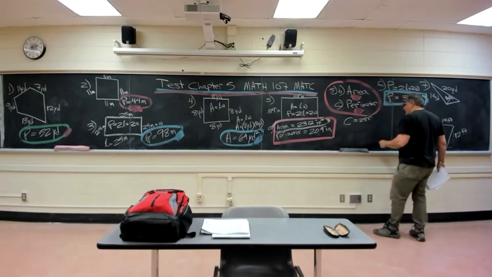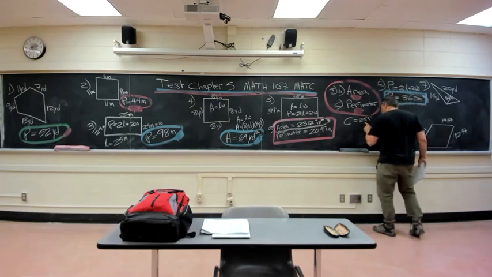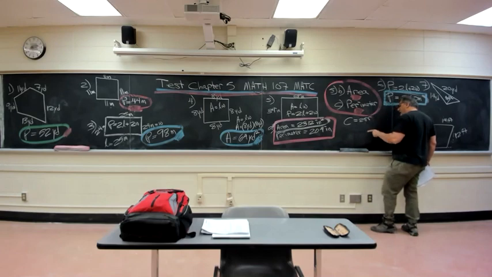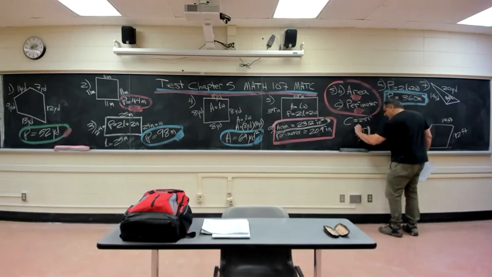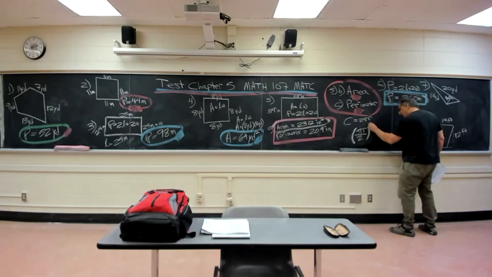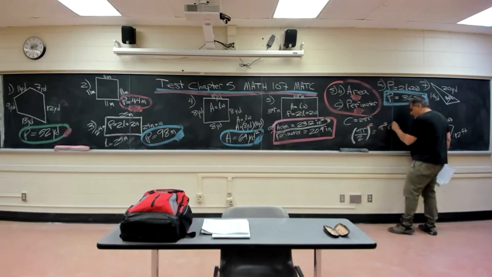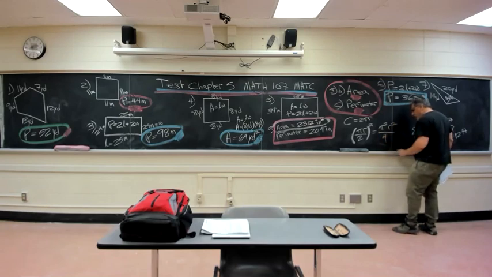If you had that kind of perimeter for a square, each side would be 1/4 of this, 1/4 of 2 pi r, 2 pi r divided by 4, which is pi r divided by 2. That's the side length. If you squared it for a square, you get pi squared r squared over 4.